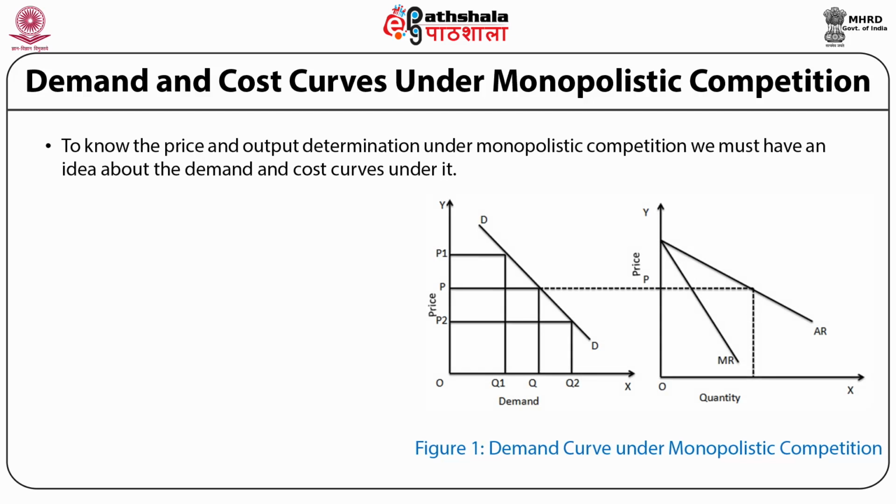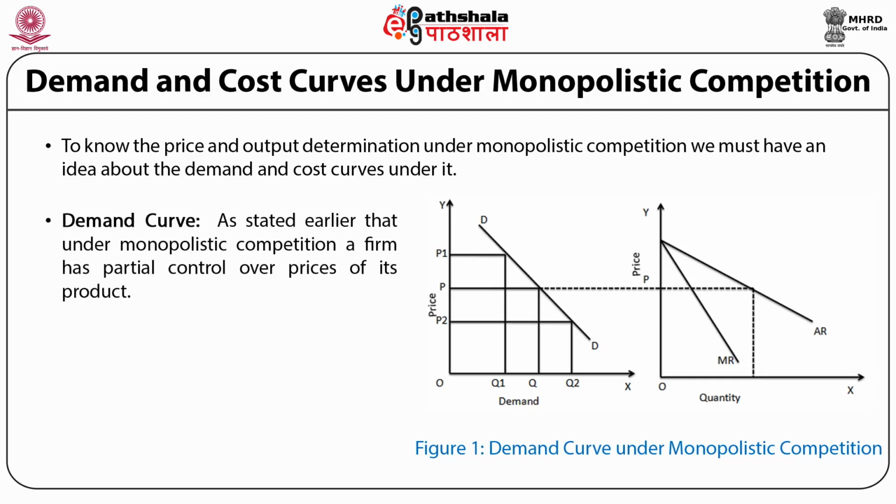To know the price and output determination under monopolistic competition, we must have an idea about the demand and cost curve under it. Demand curve. As stated earlier, under monopolistic competition, a firm has partial control over prices of its product.